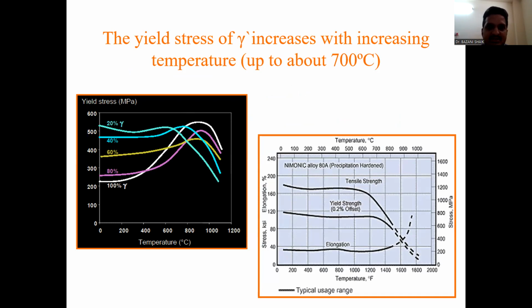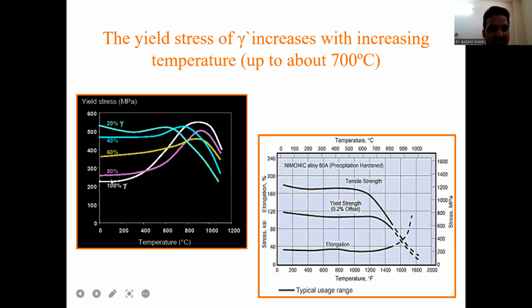The picture shows the yield stress increases with increase in temperature up to about 700 degrees. You can observe the x-axis having the temperature, 200, 400, 600, 800, 1000 to 1200 degrees centigrade. This is temperature, and the yield stress in megapascals goes from 0 to 100, 200, 300, 400, 500 to 600.